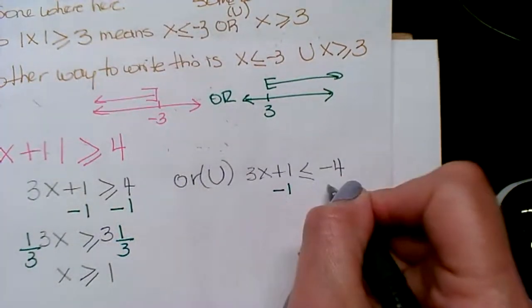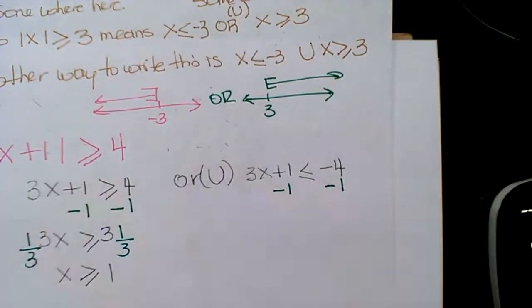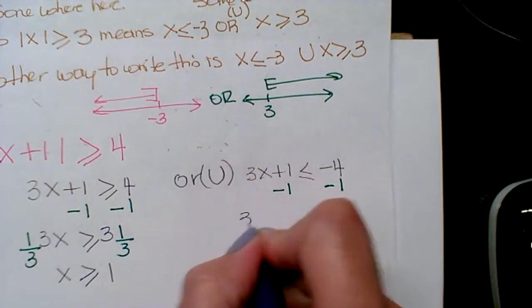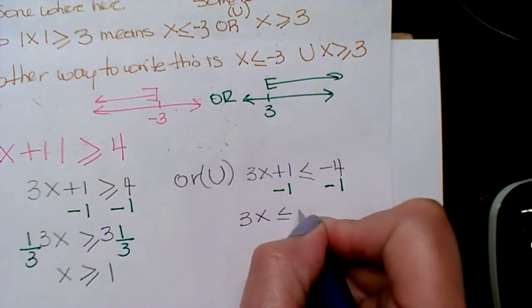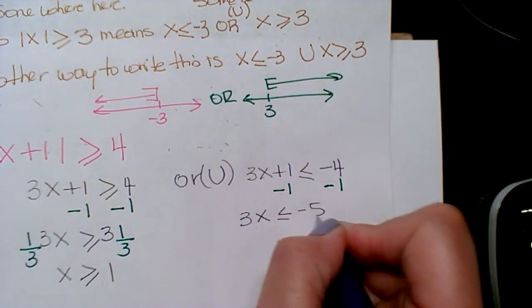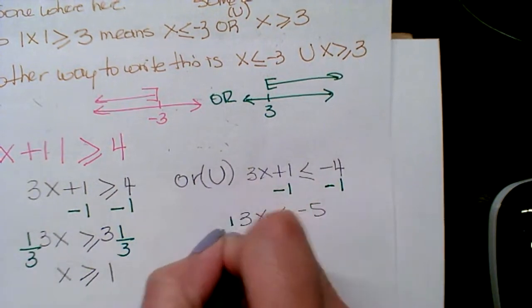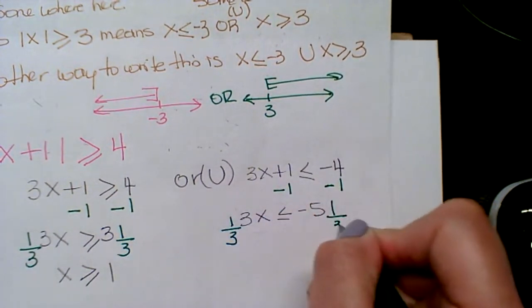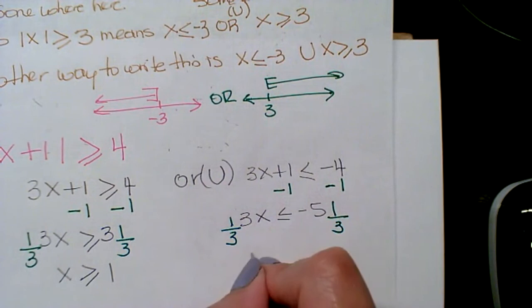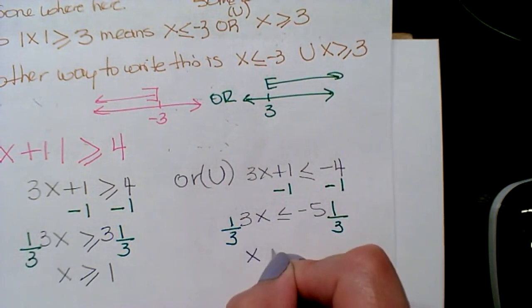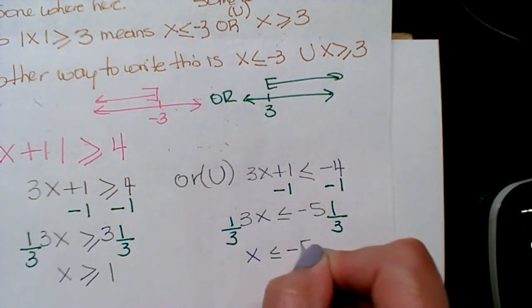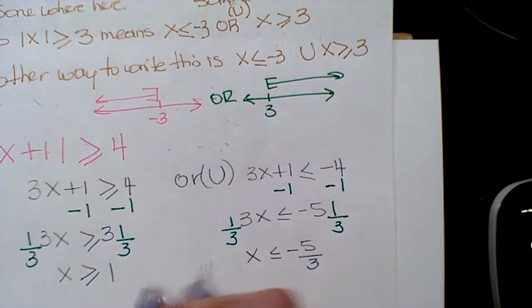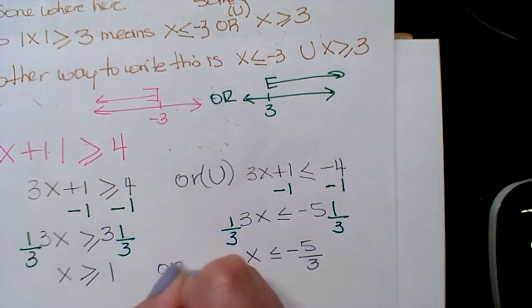Let's do this one. We're going to make a 0, sorry. So it's going to be 3x less than 5. And we're going to make 1 here by multiplying by the reciprocal, 5 over 3. And this is going to be OR.